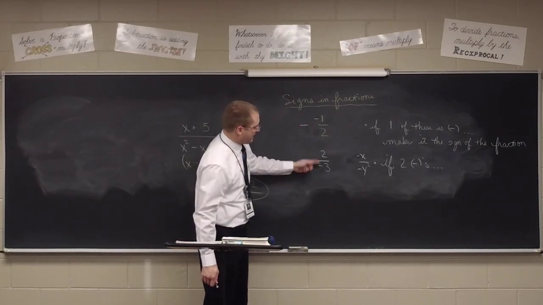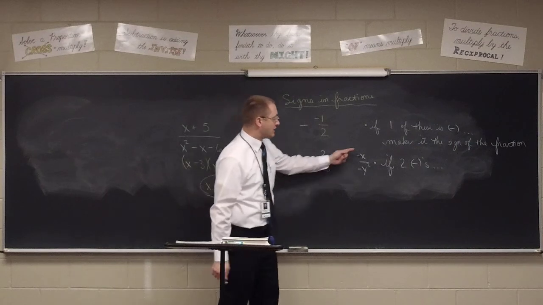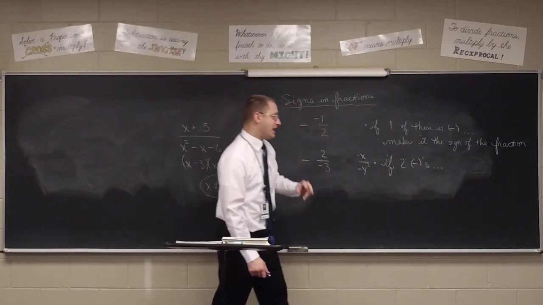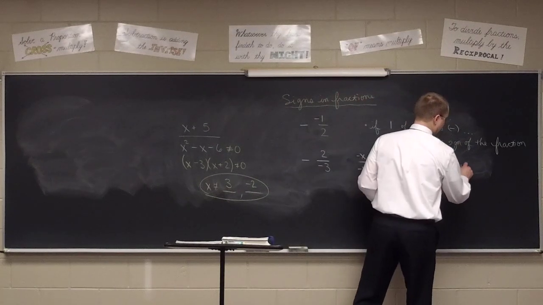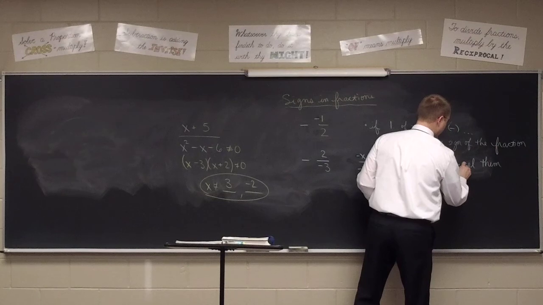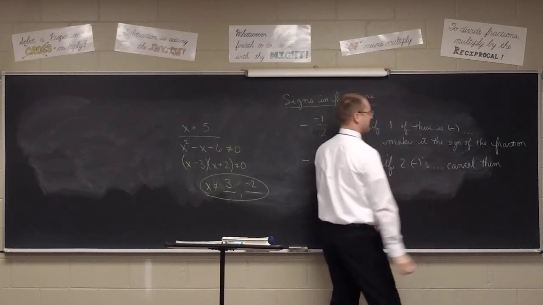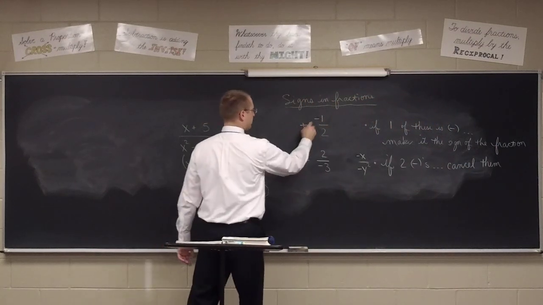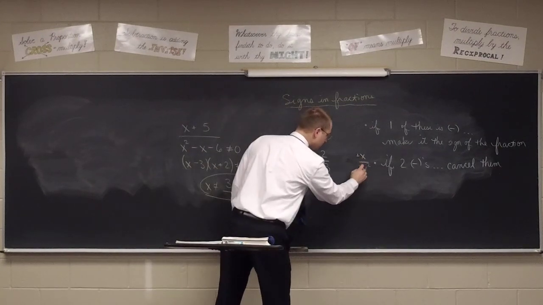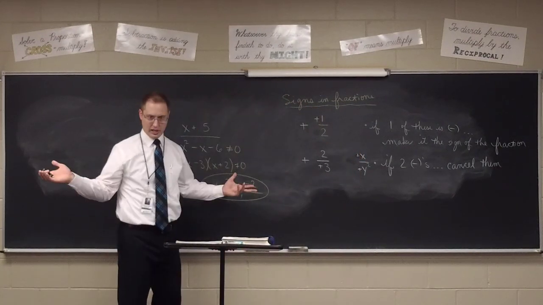Or here, positive divided by negative would give you negative, but you already have a negative out here. Here, negative by negative is a positive, so no matter where they are, if you have two negatives, cancel them. Just gone. Gone. Gone. Make sense?